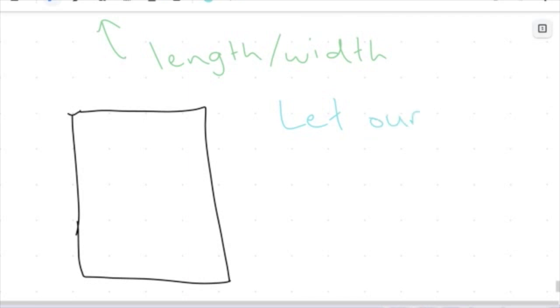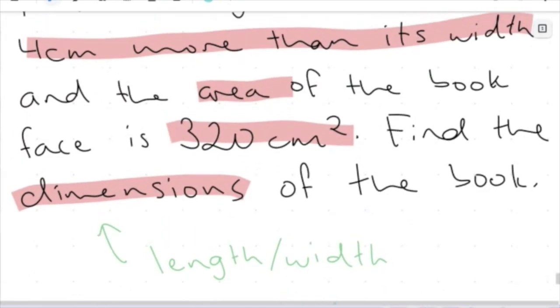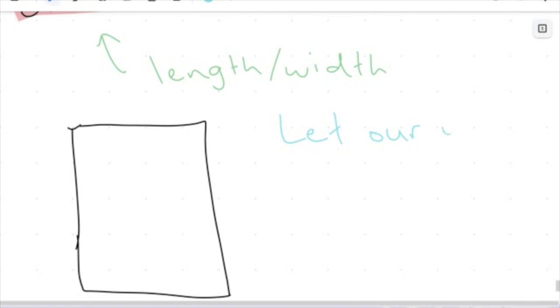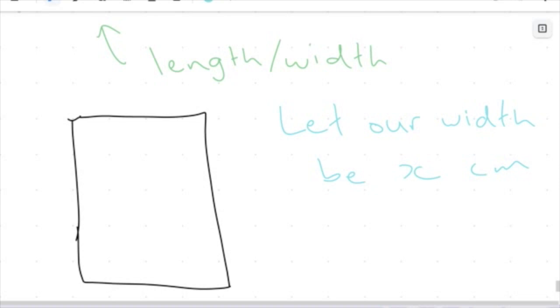Now, let's let our width be x, because both my length and width are unknown, but I'm just going to let our width be x centimeters. So this guy here is going to be x.